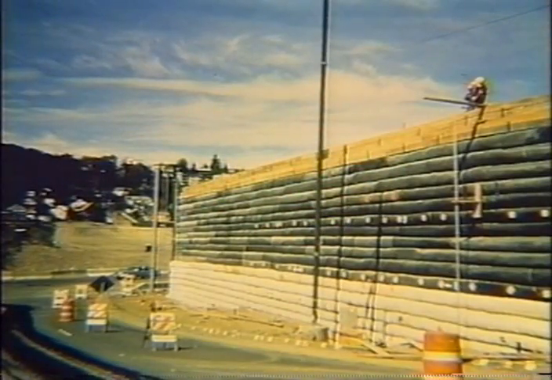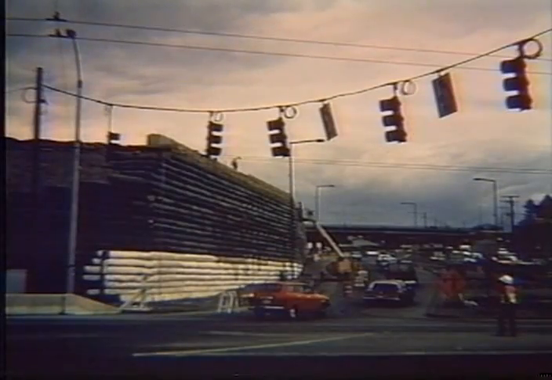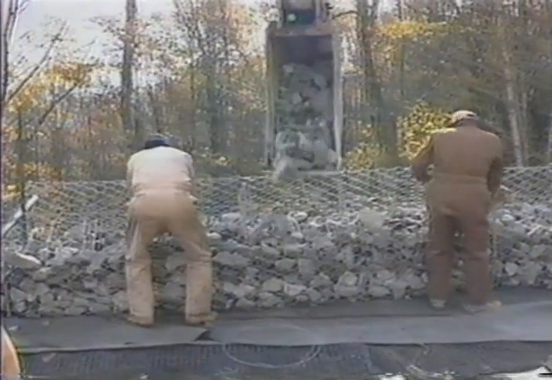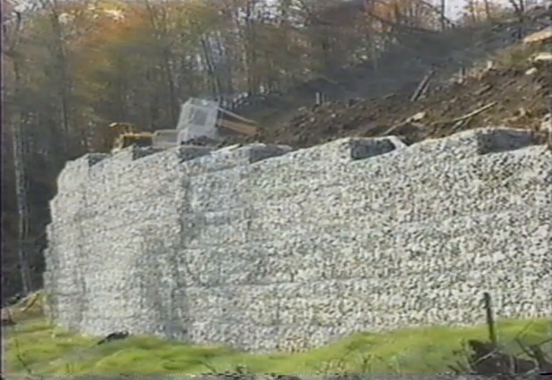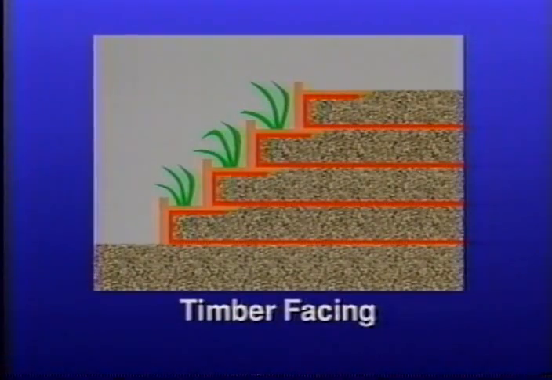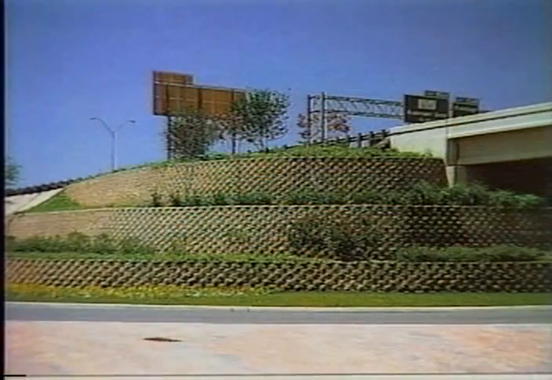Geosynthetic reinforced walls can be faced in a variety of ways, with wraparound facings, with gabions separated from the backfill by a geotextile filter, with full-height precast or cast-in-place concrete panels, with timber facings, or with modular concrete units now produced in a variety of attractive forms.